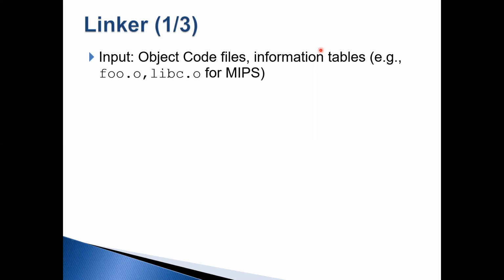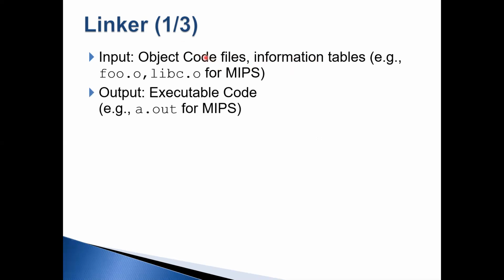Now the linker will go through these tables to find out what each object file needs and what each object file has, fill out the information, and finally link everything together and produce the executable, the one that you can actually execute by typing ./your program, a.o in this case.